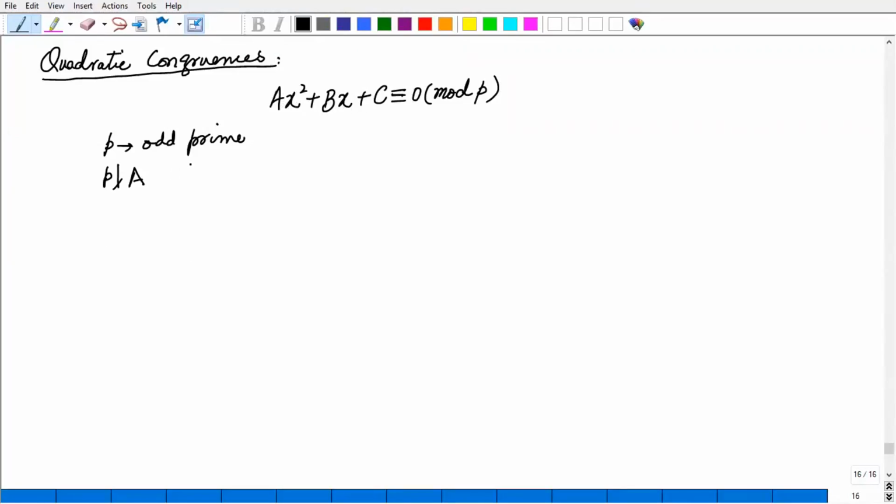Okay, so that's why p must not divide a. Okay, and p is an odd prime. So if p is an odd prime, then p does not divide 4a as well. Okay, why 4a? We will discuss later.